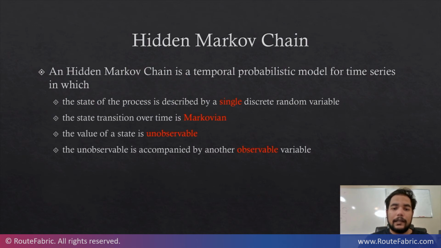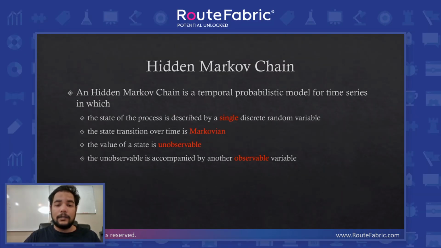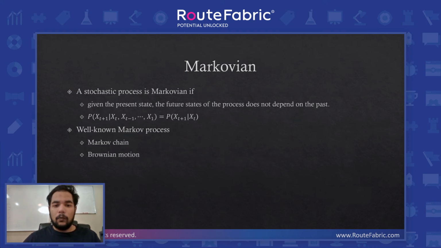Now let us look at hidden Markov chain. A hidden Markov chain is a temporal probabilistic model for time series in which the state of the process is described by a single discrete random variable. The state transition over time is Markovian. The value of the state is unobservable. The unobservable is accompanied by another observable variable. Now what is Markovian?